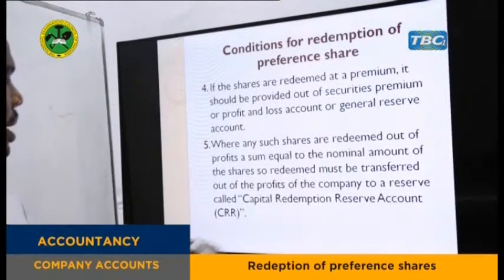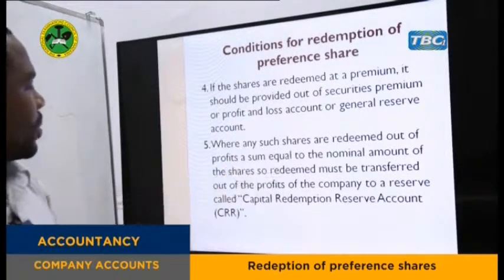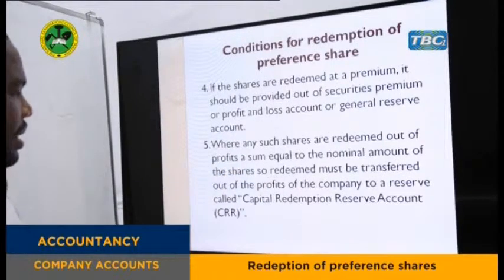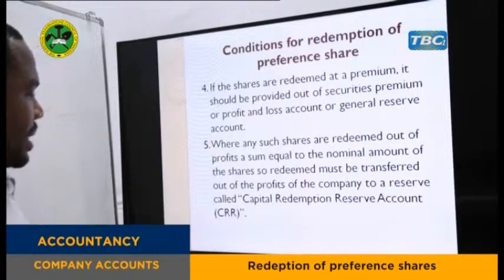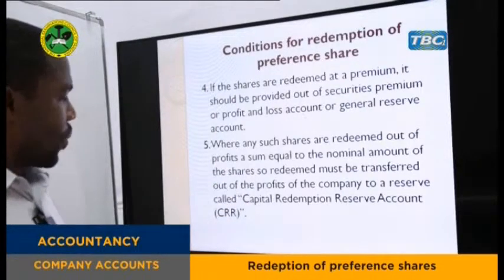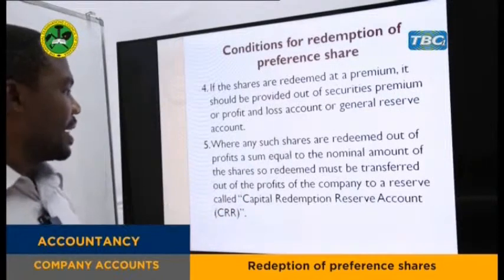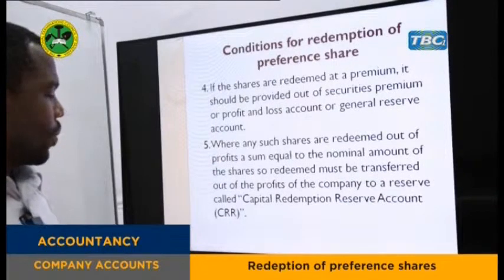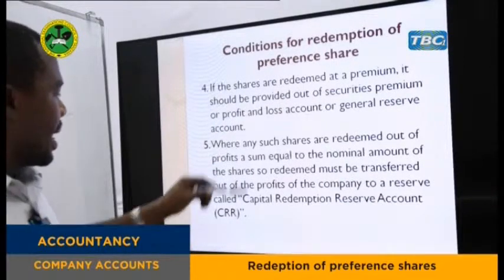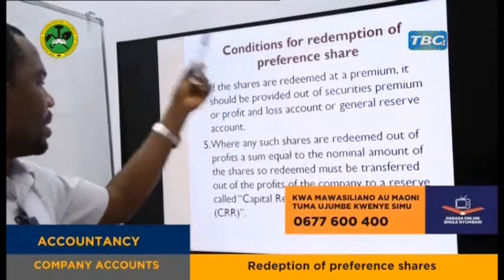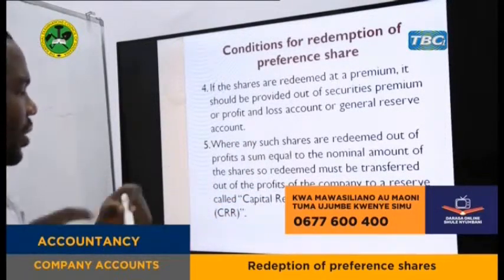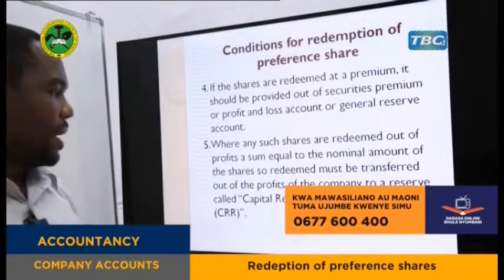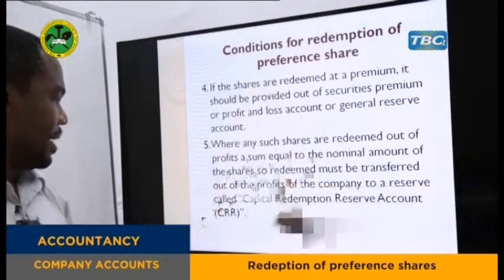Because this profit includes amount retained in the business for either expansion of the business and the payment of dividends, whenever we redeem preference share capital out of internal source, we need to set aside an equal amount with the amount so redeemed from the profit, to make this amount not available for dividend payments, to replace the capital that is redeemed.